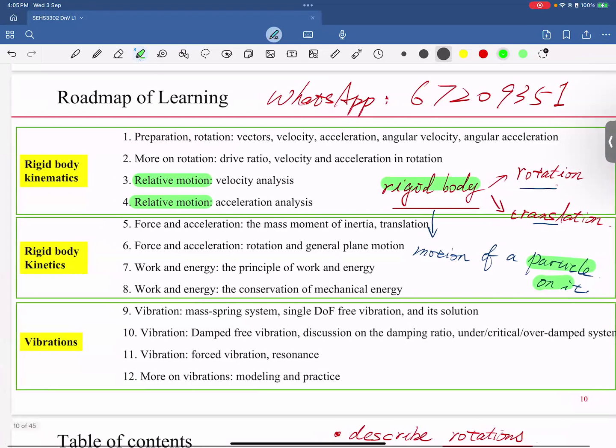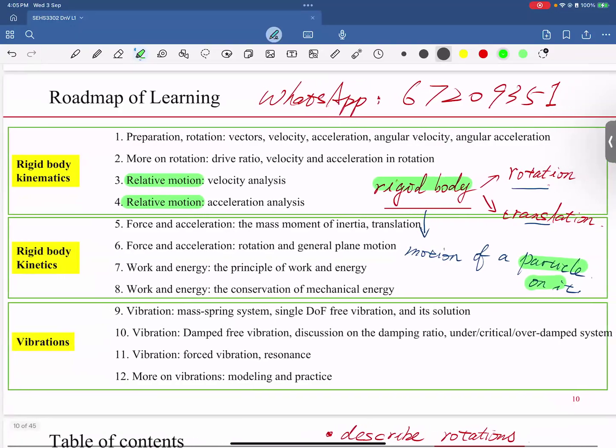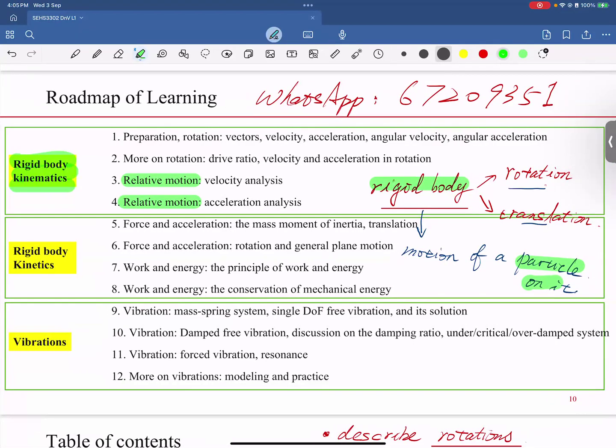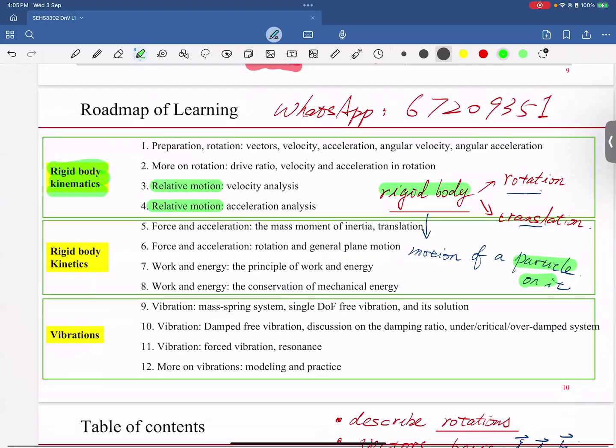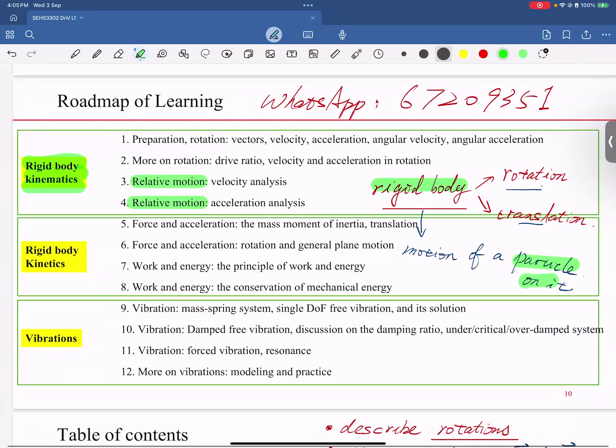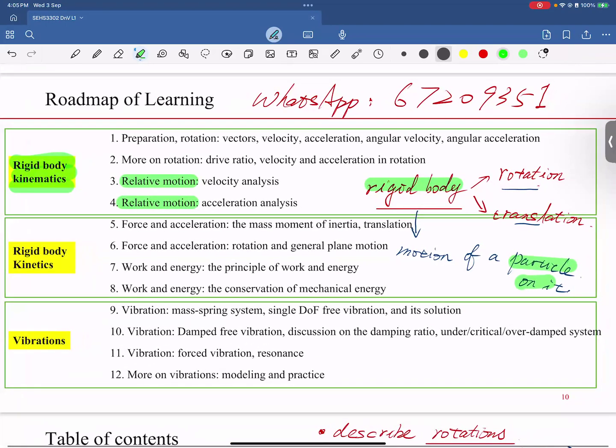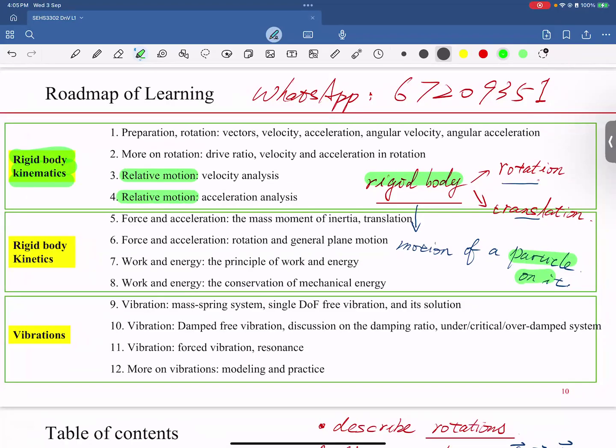For this part, we have 4 main structures, and as we move on, you will know these typical structures.